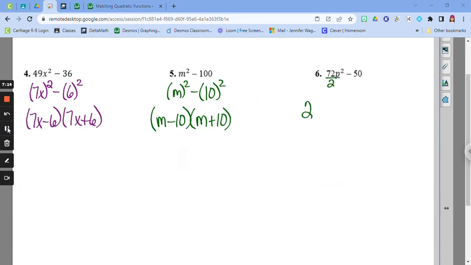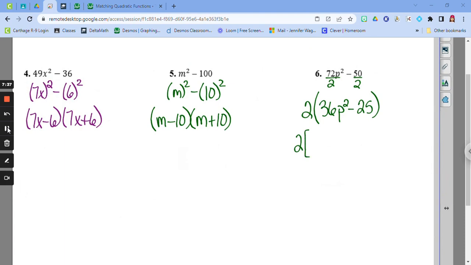So I divided each of these by 2, which gave me 36p squared minus 25. Do I have perfect squares now with 36 and 25? Yes. So the 2 is just going to stay there, just along for the ride as we keep going.